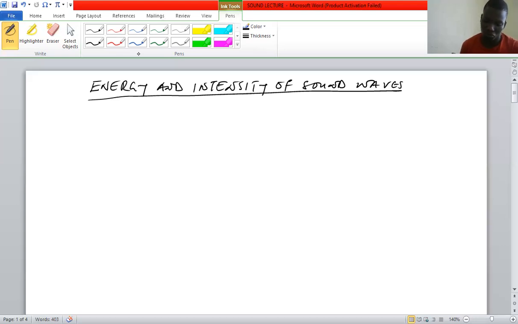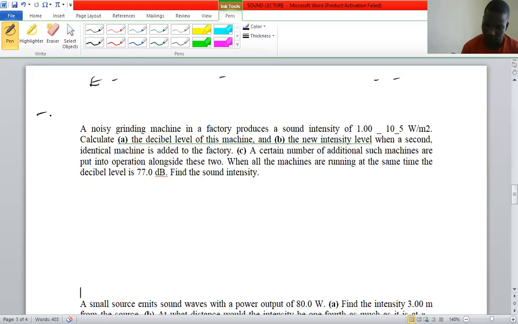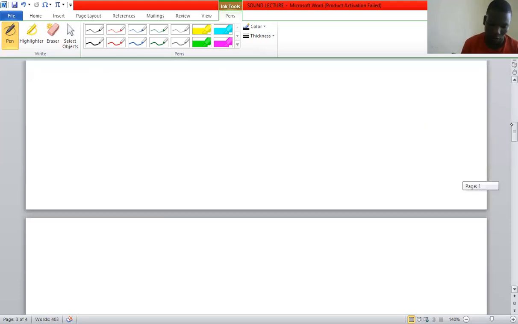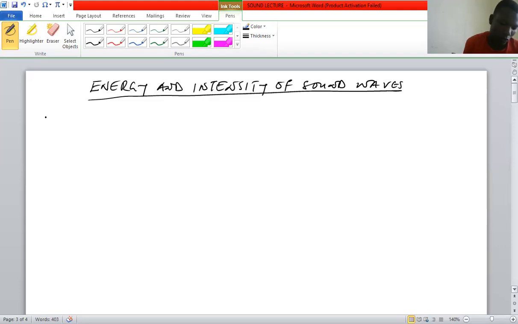So when you look at intensity, when we look at the intensity of sound, what comes into your mind when you hear about the intensity of sound?